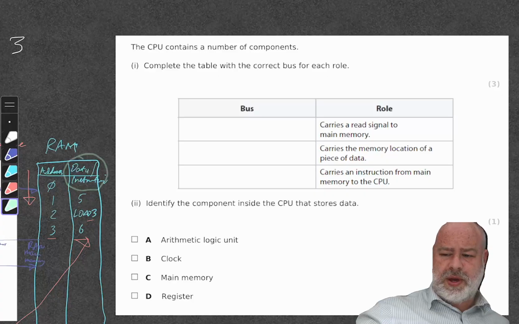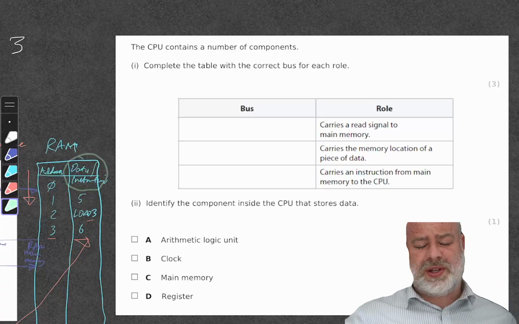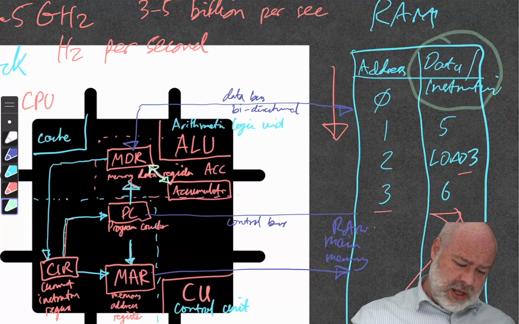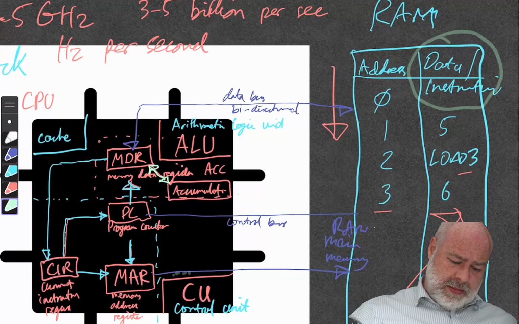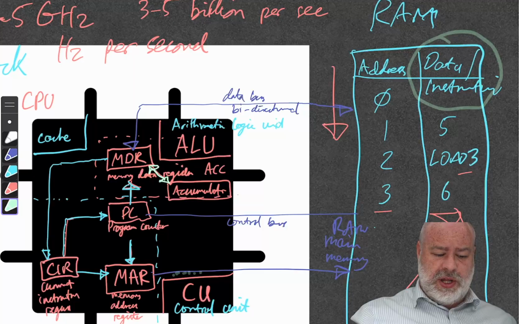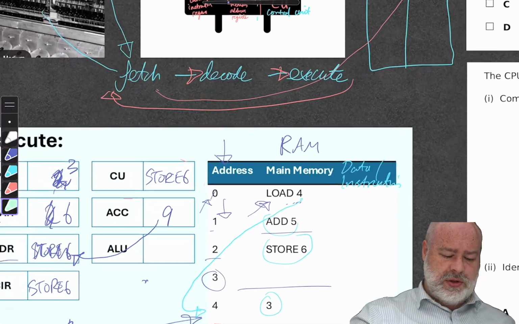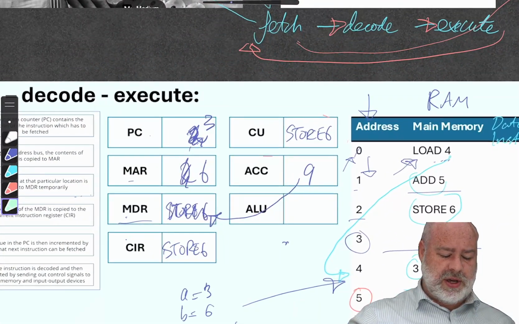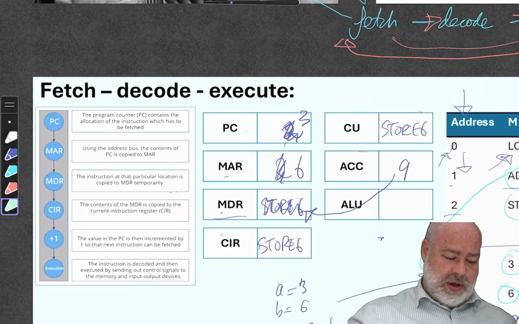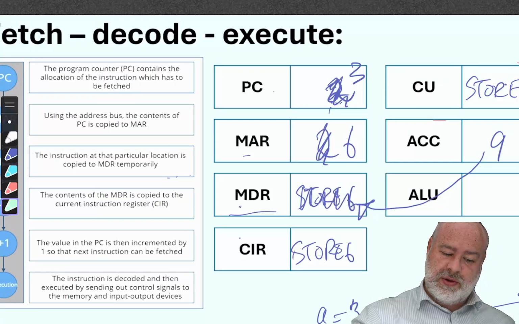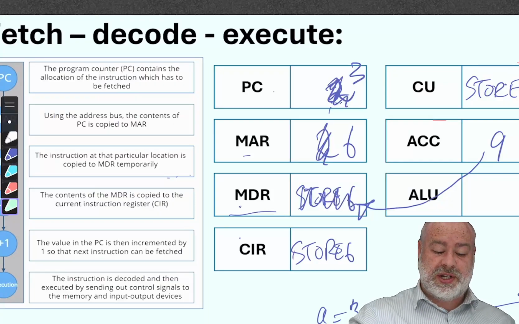What's the bus? So the bus is, think of an actual bus. There are 3 buses you need to remember: data, control, and address. And obviously, as you saw when we went through the fetch decode execute cycle, if we're using the address bus there to send the contents of the PC, because it's to do with memory address register, so it makes sense.